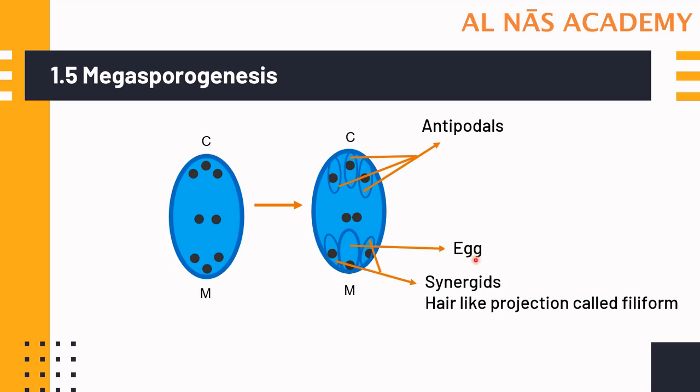So this complete structure, that is the egg and synergids, is called the egg apparatus. The two central nuclei are called polar nuclei. So this structure consists of 8 nuclei and 7 cells.